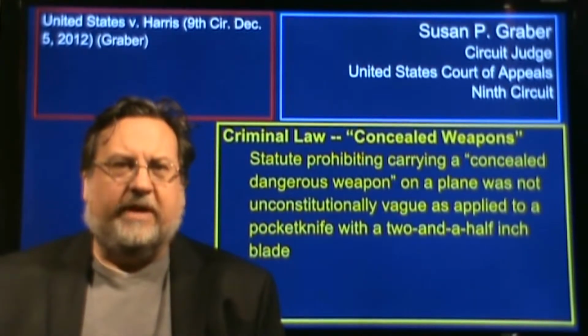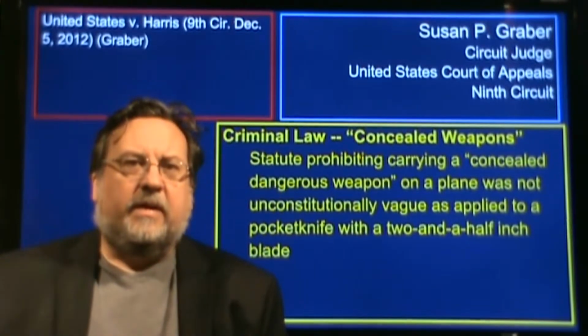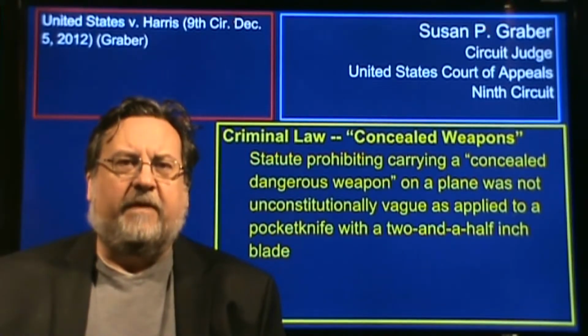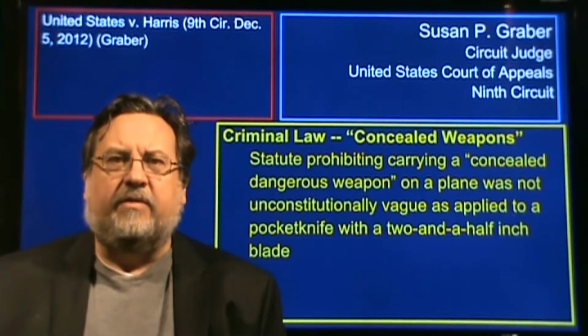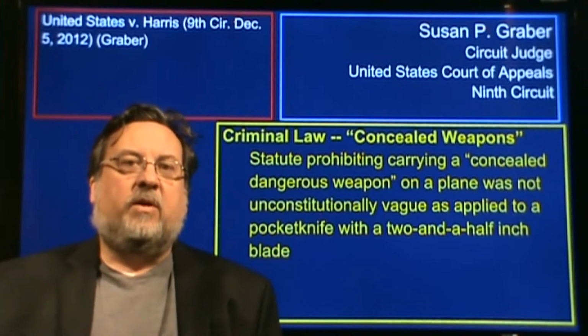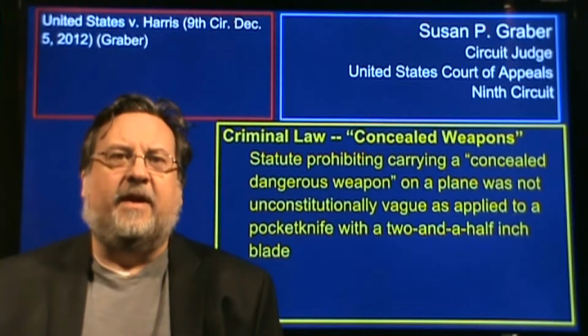The Ninth Circuit also dealt with the question of what constitutes a concealed dangerous weapon. Section 46505 of Title 49 of the U.S. Code prohibits carrying a concealed dangerous weapon on an aircraft. The statute was challenged as unconstitutionally vague in United States v.